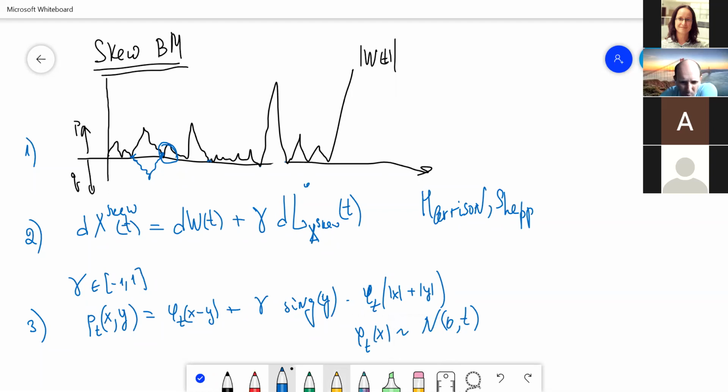Probably it's better to write a dot here instead of x. Well, and in this construction, gamma equals p minus q.